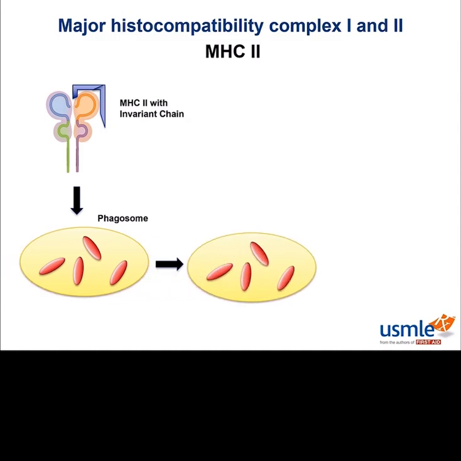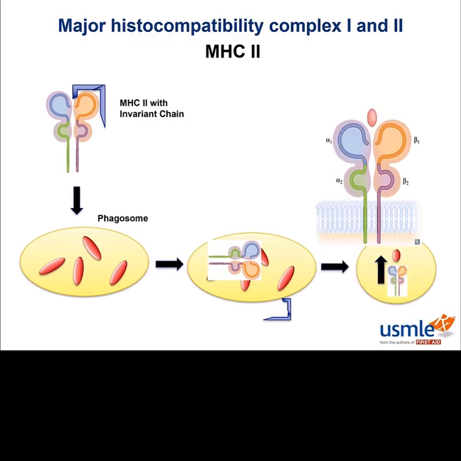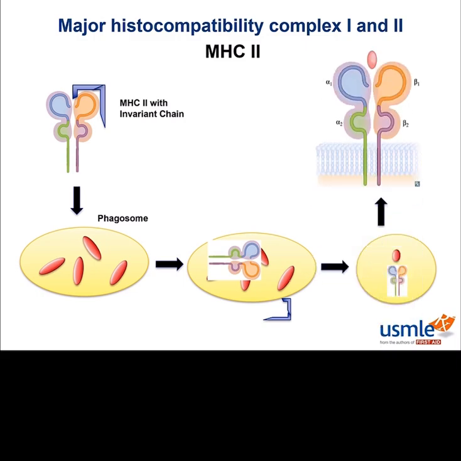When the MHC2 complex enters the phagosome, the acidic environment is not favorable to invariant chain binding, and so it frees itself from the MHC2 molecule. This allows the MHC2 complex to bind to one of these foreign peptides, and they finally make it up to the cell surface for antigenic presentation.